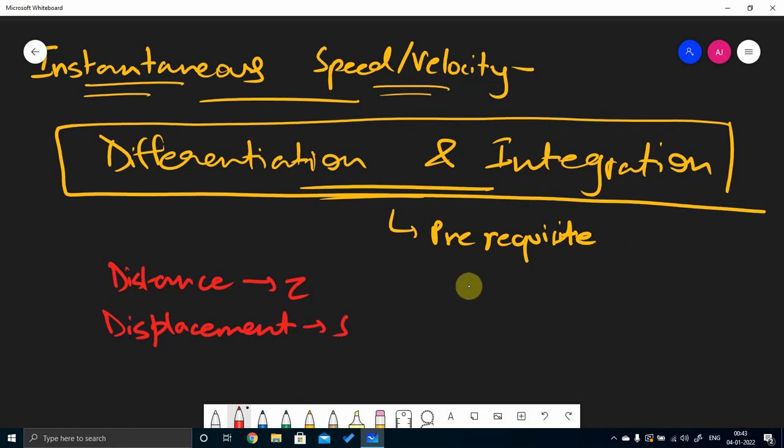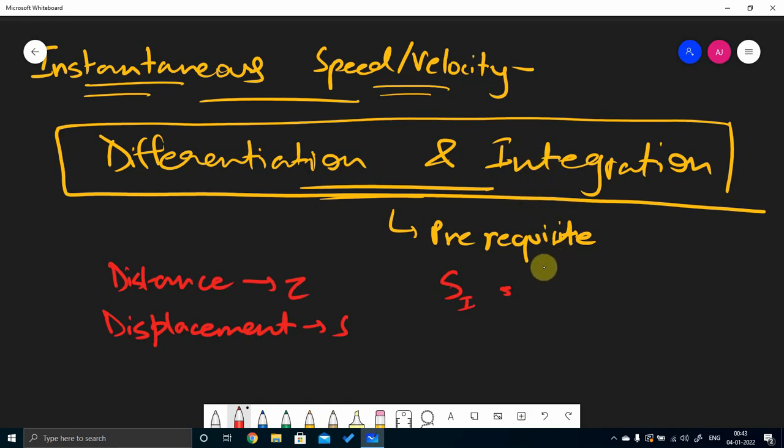Now, if you write speed instantaneous, this is majorly the notation that I'm going to be using throughout this course. So when I write speed instantaneous, it basically means instantaneous speed. I'm going to speak it out so you guys will figure it out yourselves.